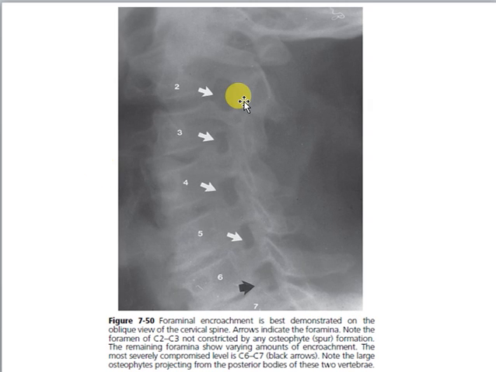This is an oblique view, or you can call it anterior or posterior oblique, but you can go for the anterior and posterior oblique as well. You can look for the intervertebral foramina, and over here the intervertebral foramina is not good. You can clearly see the osteophytes, and they are compressing the cervical nerves at this level as well as at this level, but the encroachment at this level and this level is not too much.